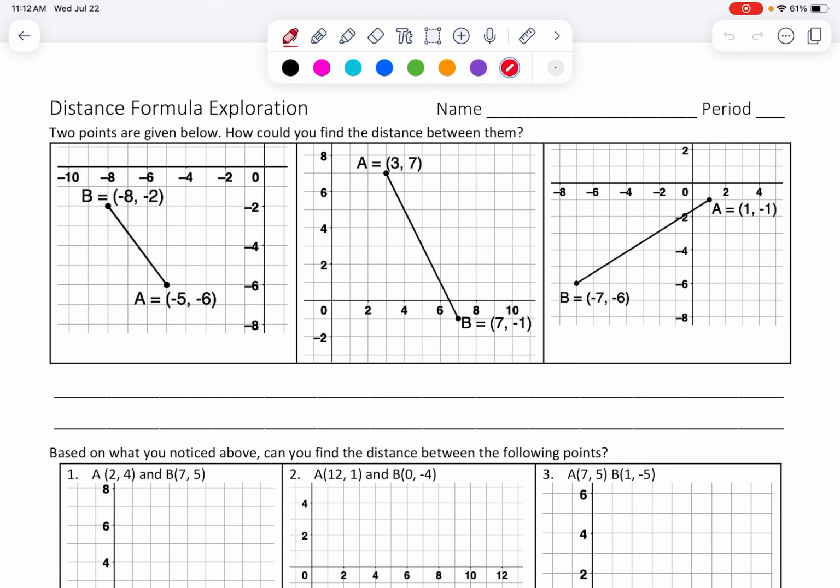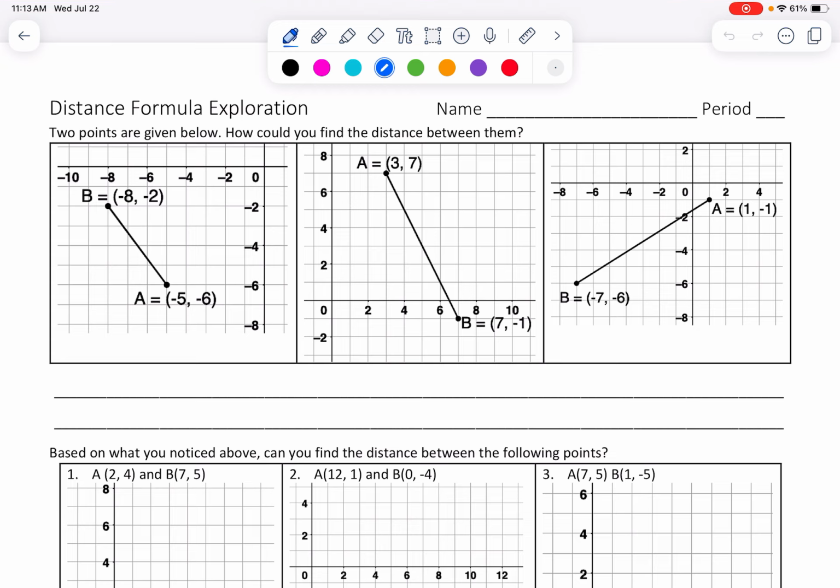Okay, so if we're trying to figure out how to find the distance between 2 points, and if they're graphed, it helps because we can say, okay, I need to find the distance between the point -8, -2, and A, which is at -5, -6. So anytime you have a diagonal line, you can't just count through the grid work because it doesn't work that way.